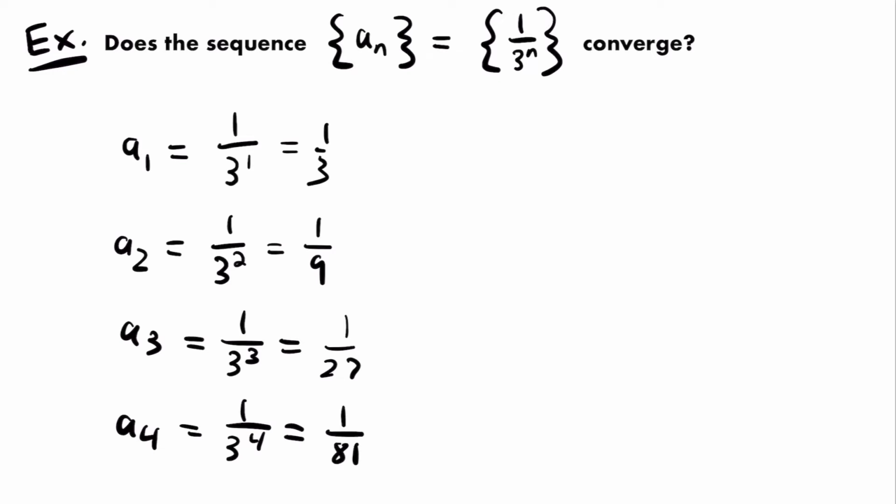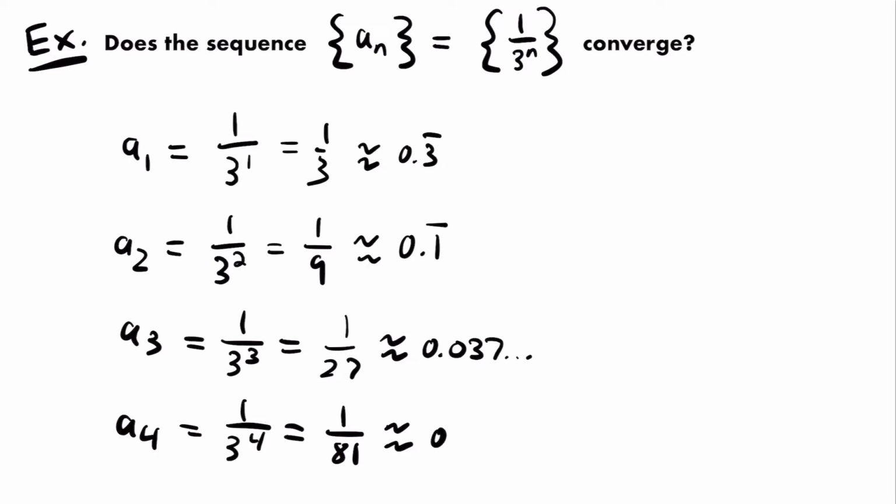All right, now 1/3 is approximately equal to 0.3 repeating. 1/9 is approximately equal to 0.1 repeating. 1/27 is approximately equal to 0.037 and some more decimals. And 1 divided by 81 is approximately equal to 0.0123 and some more decimals.